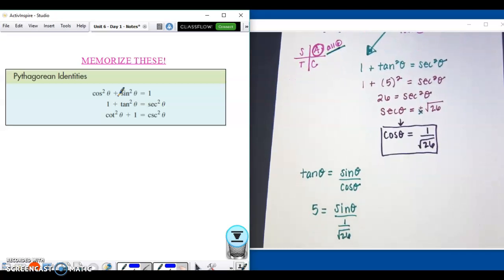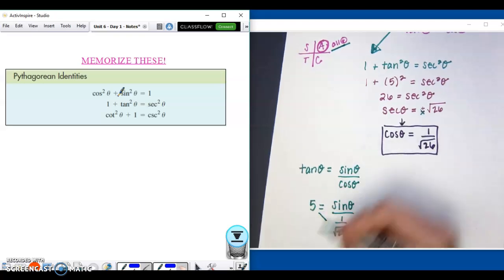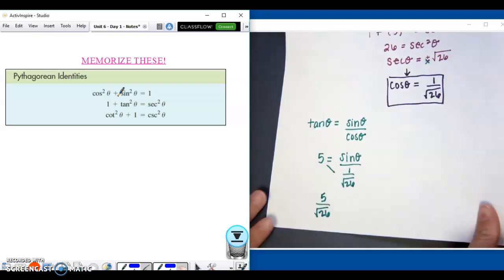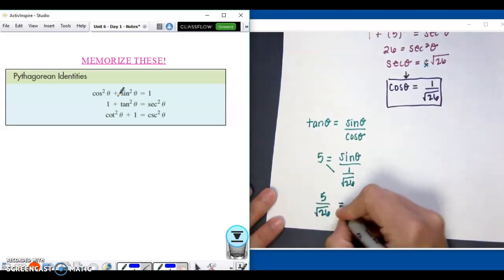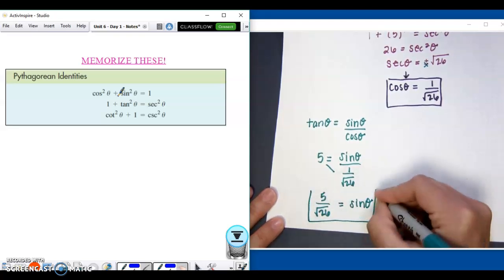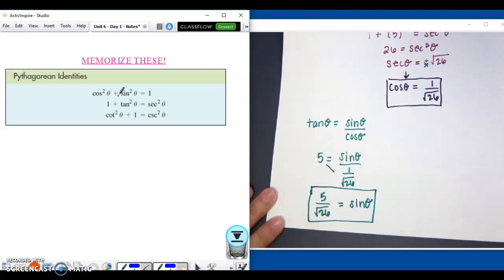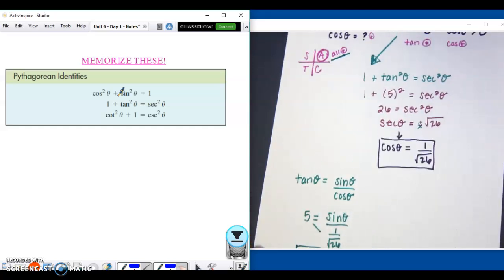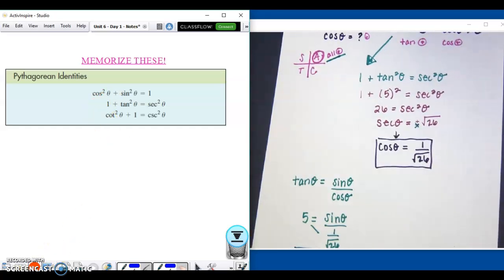Okay, so in order to solve for sine, I'm going to cross multiply. This will be 5 over the square root of 26 is going to be equal to sine theta. And remember, we said it was supposed to be positive, so it's going to be positive. Okay? Alright.